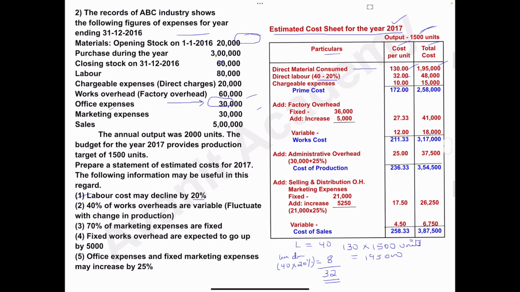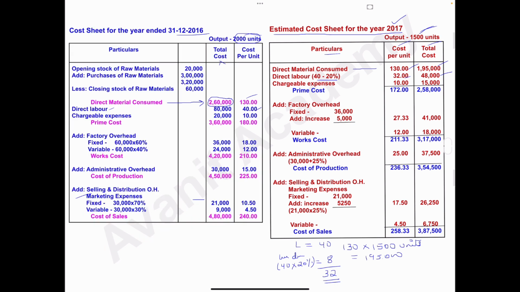To get the total cost, 32 into 1500 and the amount is 48,000. To get the total cost, you have to multiply, and to get the cost per unit, you have to divide. Next is chargeable expenses. Per unit is rupees 10.